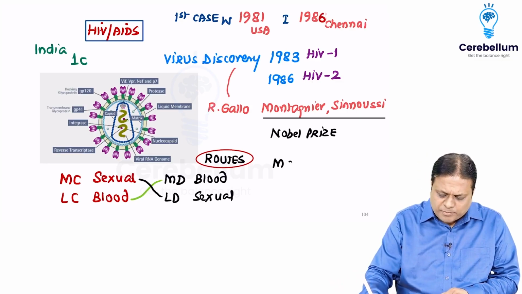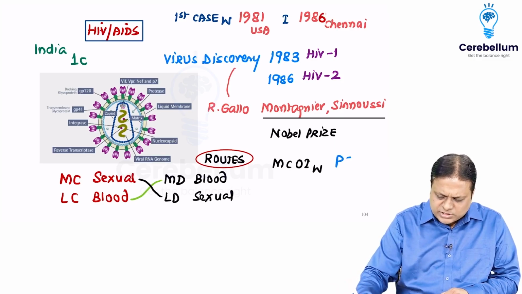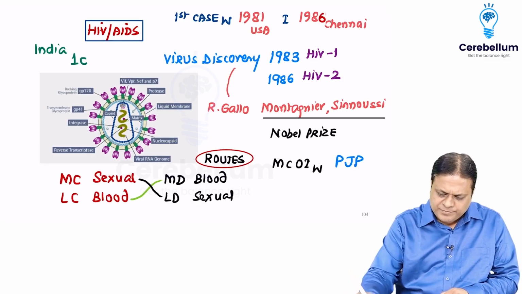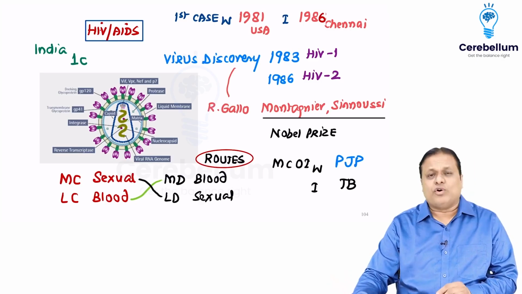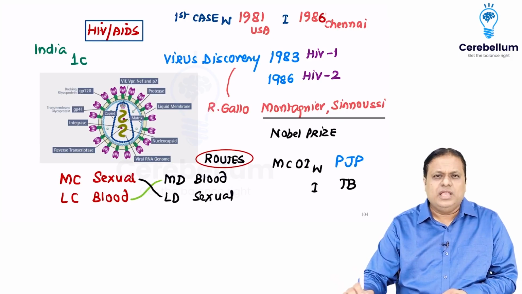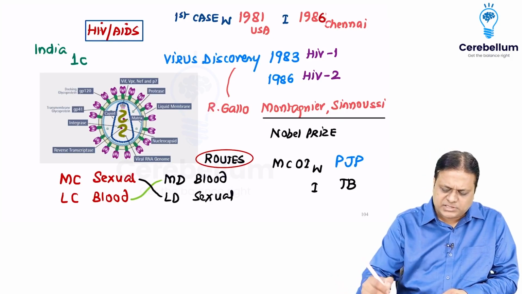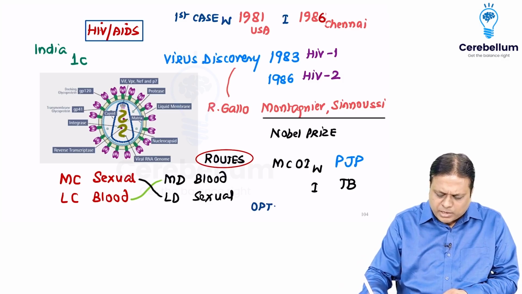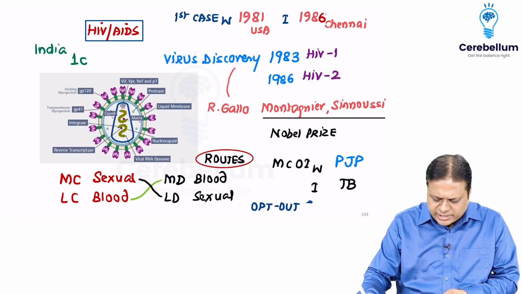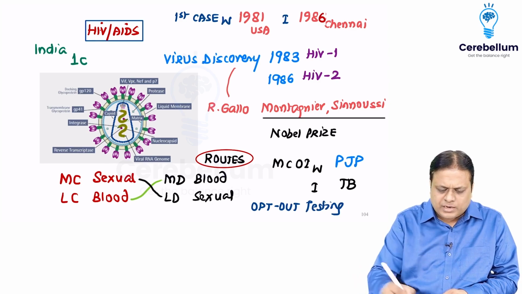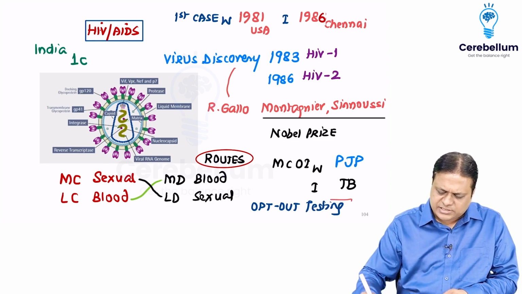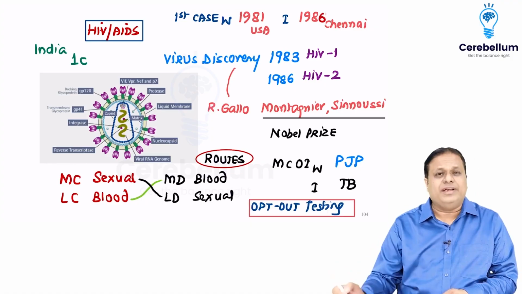Most common opportunistic infection in world is Pneumocystis jirovecii pneumonia, and in India it is tuberculosis followed by candida followed by Pneumocystis jirovecii pneumonia. In India, for testing purposes, we use opt-out testing strategy under National AIDS Control Program of India.